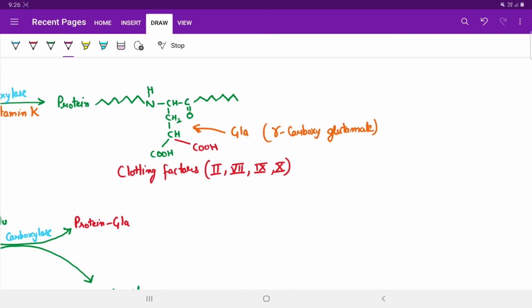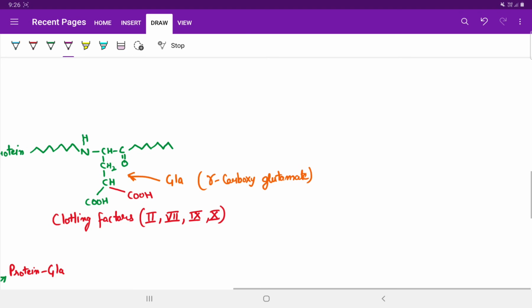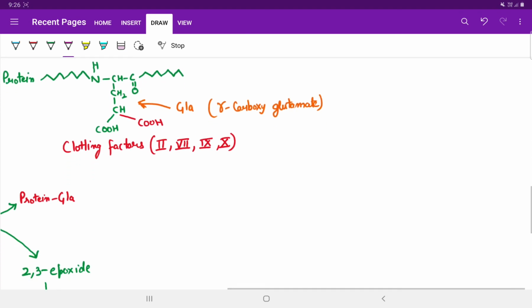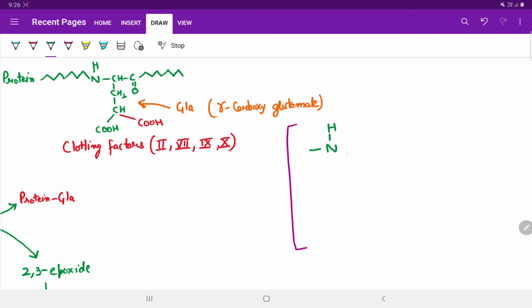In actual, the two terminal carboxylic groups help to form a structure that helps to bind with the phospholipids and leads to formation of blood clots.